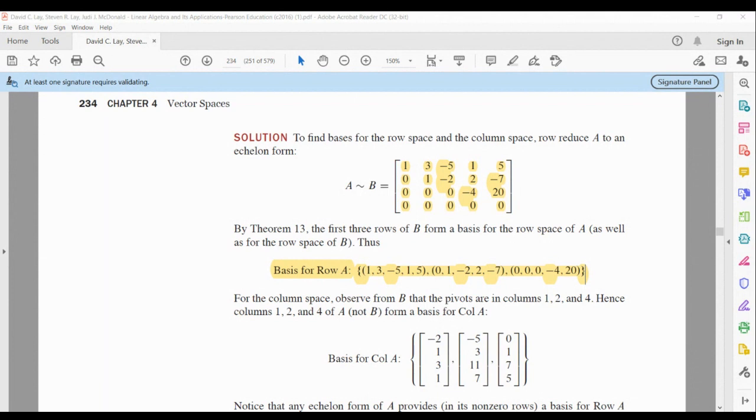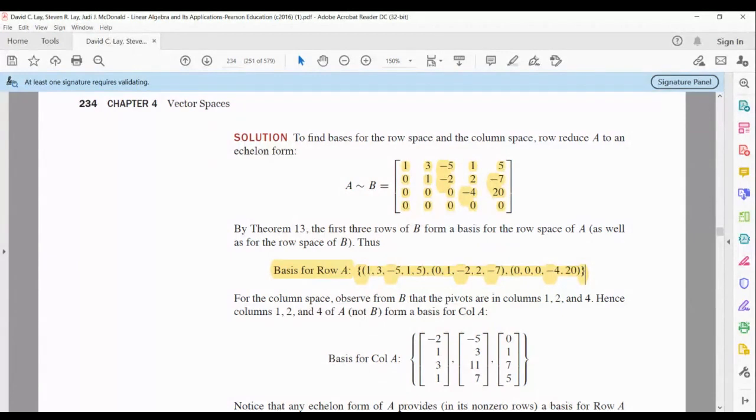All right. Well, on that note, let's continue on. Which columns in the reduced echelon form matrix B correspond to the pivot columns? There are 5 columns there.